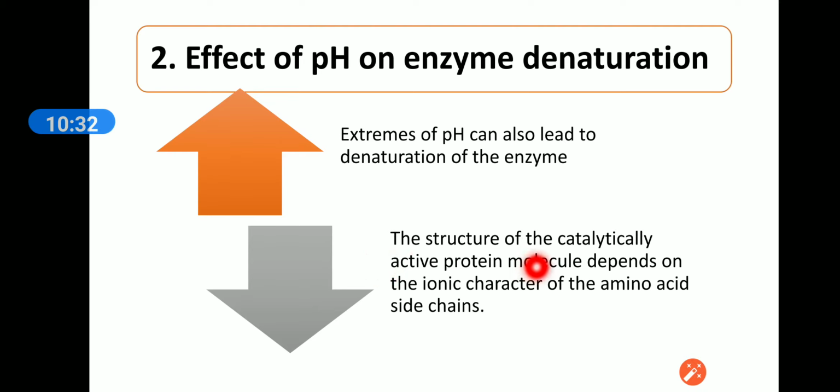The structure of catalytically active protein molecules depends on the ionic character of the amino acid side chains, and due to the change in pH, the tertiary or quaternary protein structure of the enzymes will become denatured for the time being and will not be able to catalyze the particular reaction.